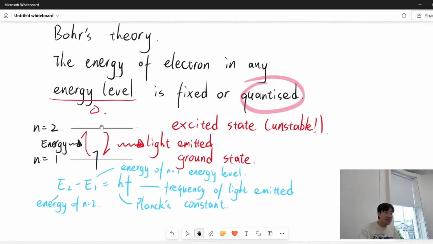In the process of the jump back of the electron, a beam of light will be released, and the frequency of that beam of light is determined by this formula. So the energy difference is Planck's constant times the frequency of light emitted. And that also explains why different metals will give different colors in the flame test.